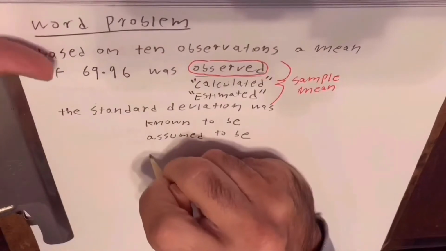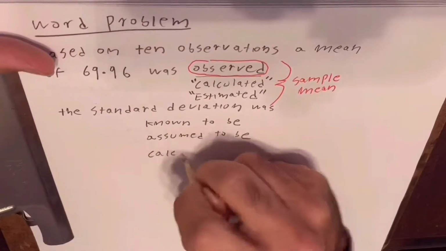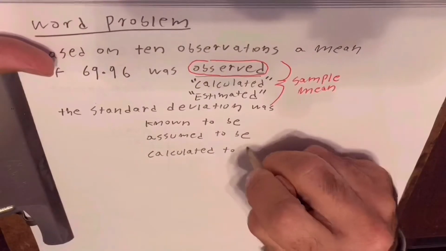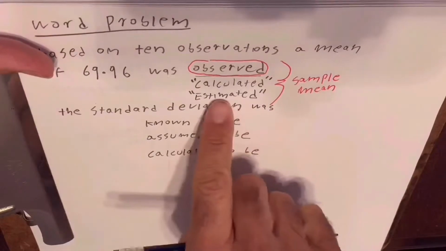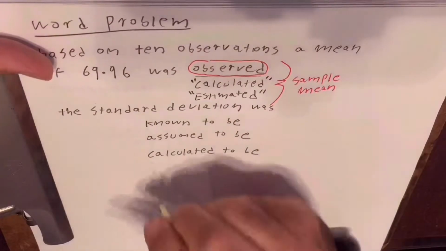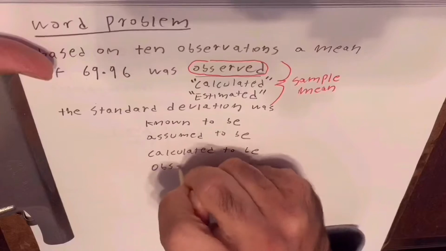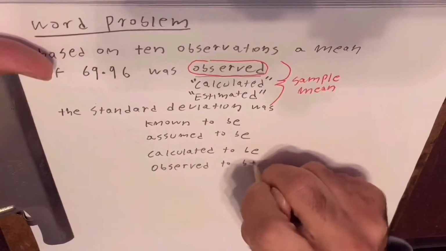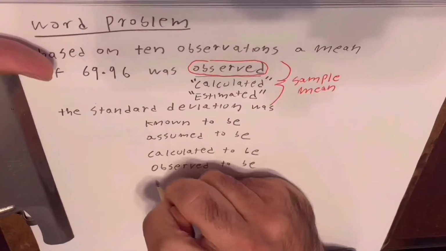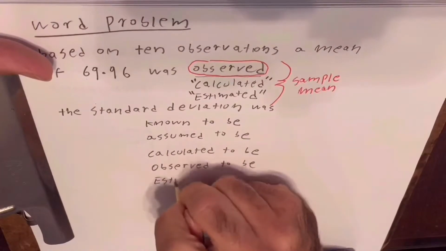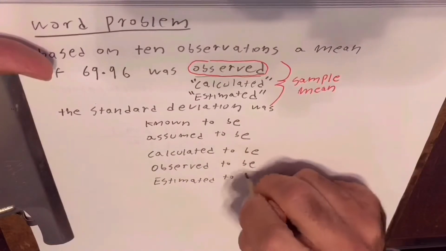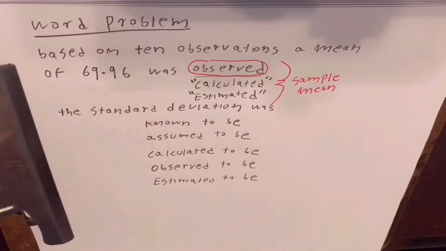It might say calculated to be. It might say observed to be. And it might say estimated to be. These are the words that will be thrown at you.